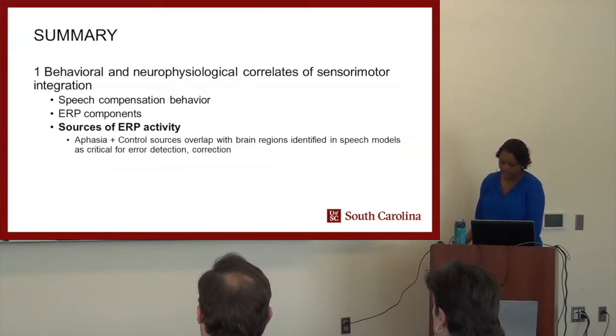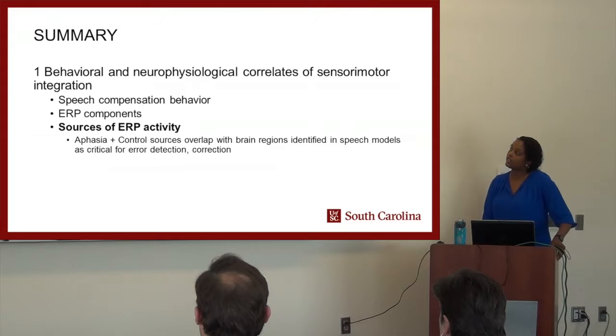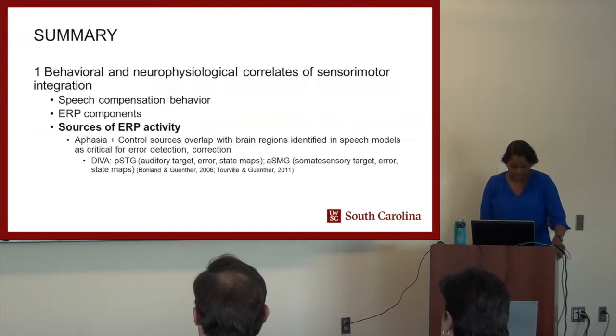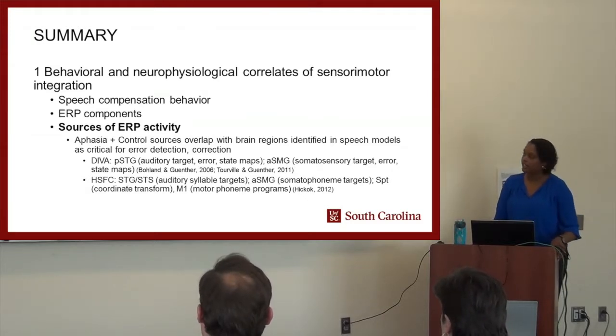And not only that, the aphasia and control sources showed overlap with brain regions identified in those two speech models as critical for error detection and correction. So in DIVA, they identified the posterior STG and anterior SMG, and in the HSFC, STG and STS, anterior SMG as well as SPT, and primary motor cortex were identified.